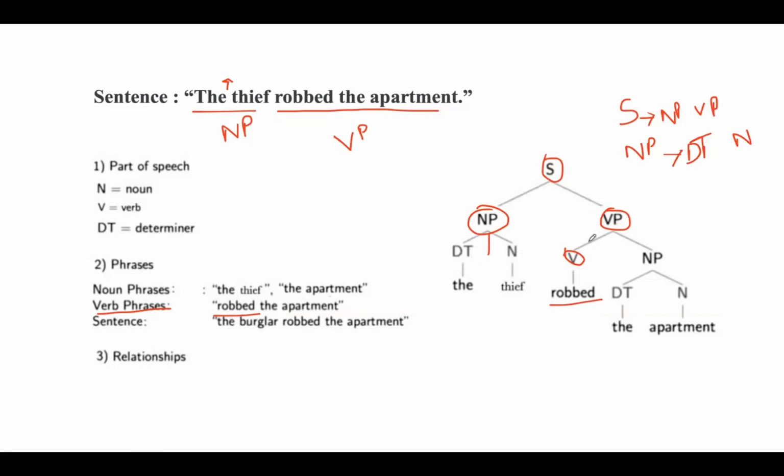Whereas verb phrase is verb and a combination of phrases. So here, based on the sentence, we need to consider verb followed by noun phrase, because we have the apartment, which is nothing but determiner plus noun. So for that, we need to take noun phrase here. So based on the sentence, we need to pick these phrases.